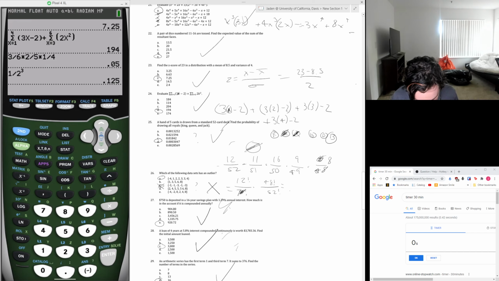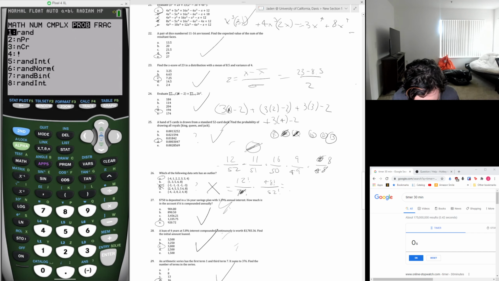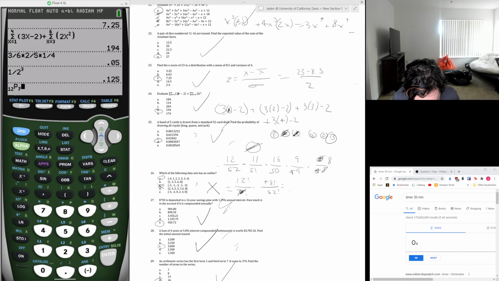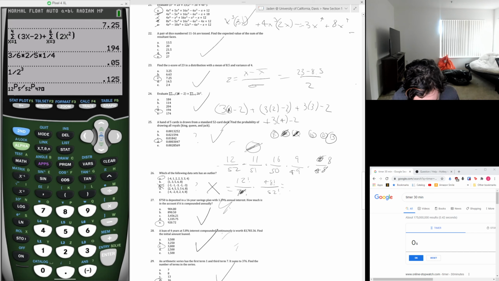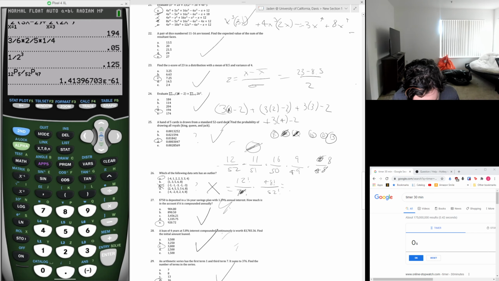Is this actually 12 P5, divided by 52 P5?